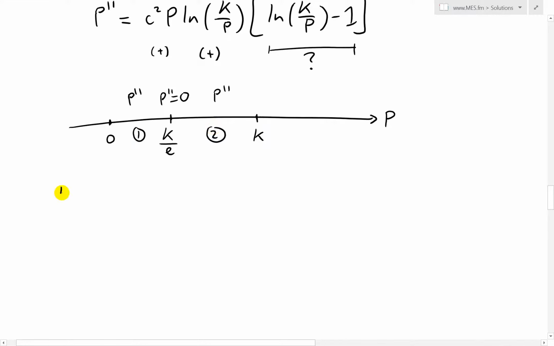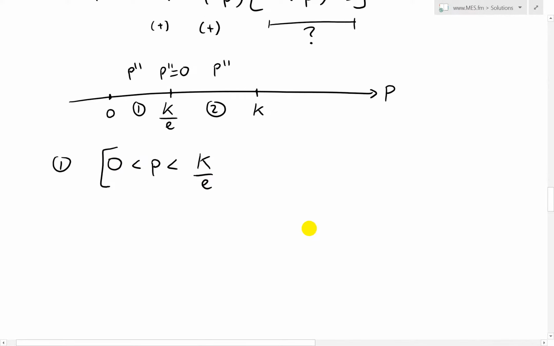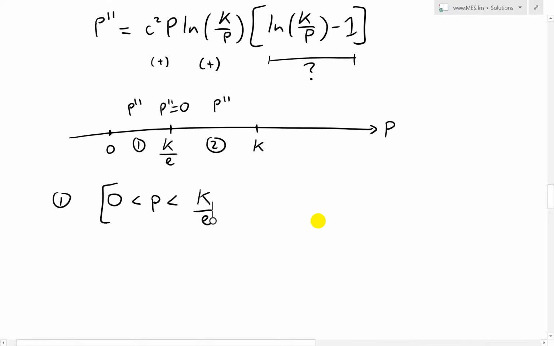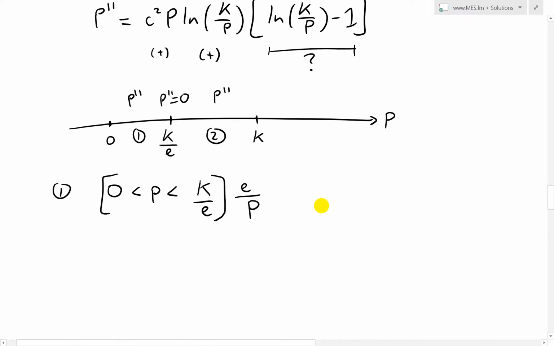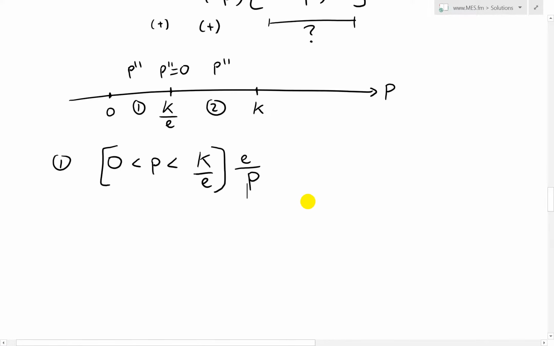For interval 1, we have P less than K over e and greater than 0. We have to make it look like ln K over P. The easiest way is to multiply every side by e over P. The reason is so that the e cancels, and we end up with a K over P factor, because the idea is to find out if it's greater than 1 or less than 1.